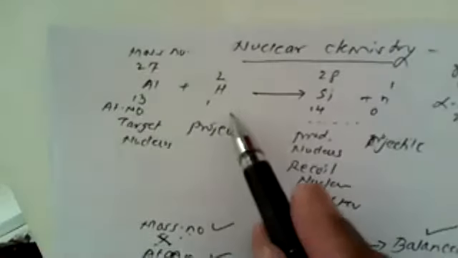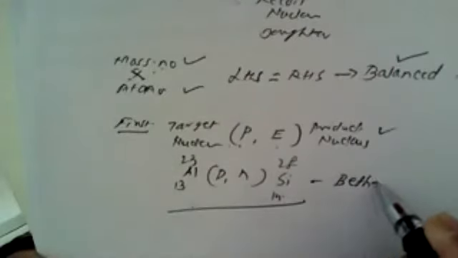In between, we write the projectile, which is a deuteron, and the particle ejected is a neutron, for which we use the small letter n. This is how we can write this reaction. This is known as the Bethe notation, so according to Bethe notation we can write this balanced nuclear reaction in this format.